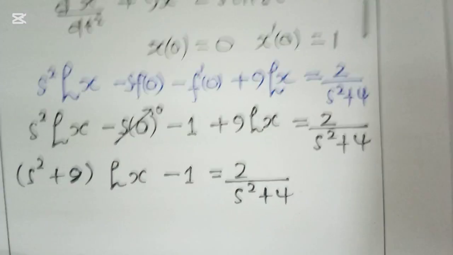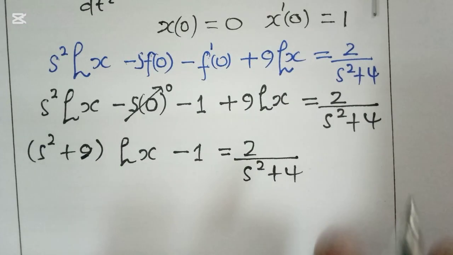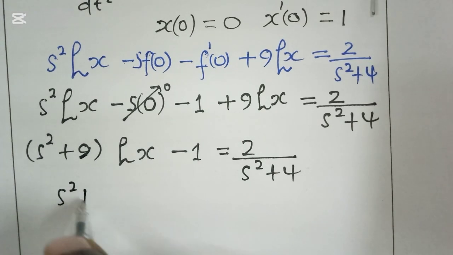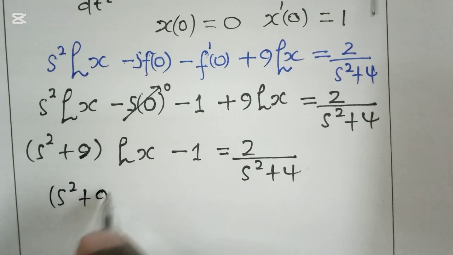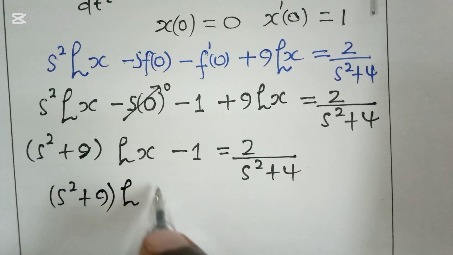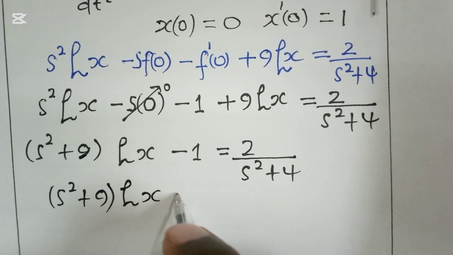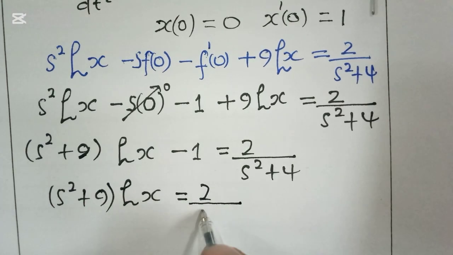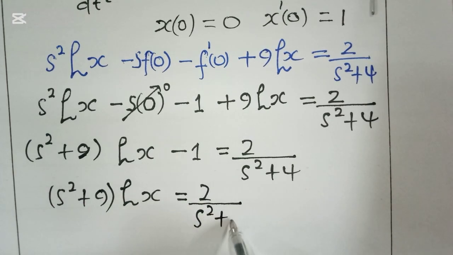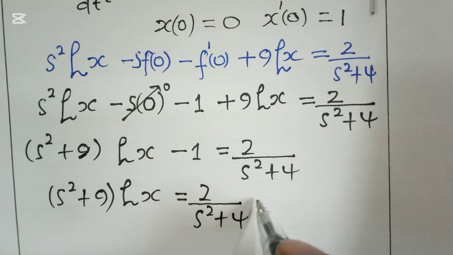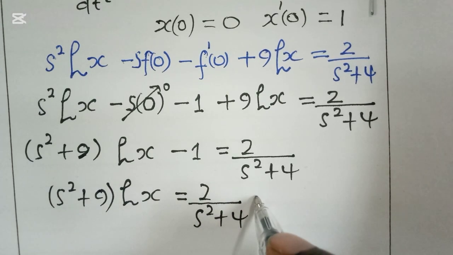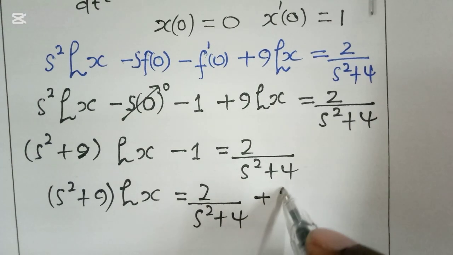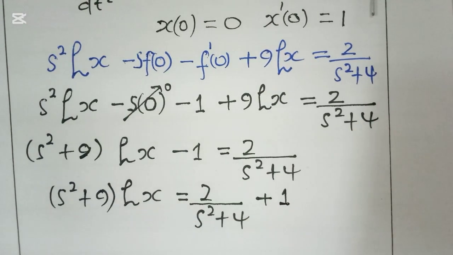From there, guys, we can now bring our 1 to this other side. Then we shall have s squared plus 9 Laplace transform of x equals 2 all over s squared plus 4, plus, this time, 1.